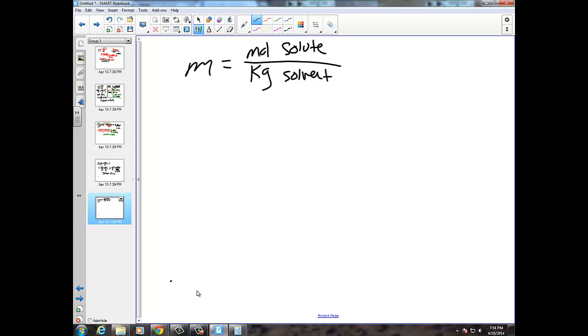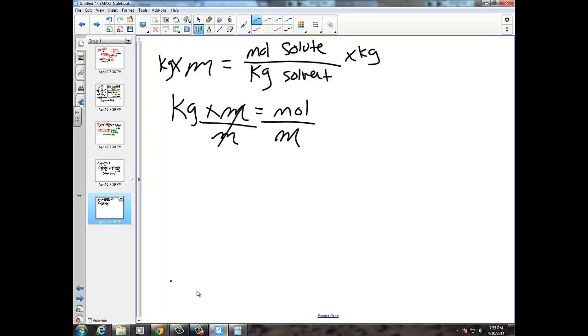So we've got to rearrange our molality equation for kilograms. I multiply both sides by kilograms. Rewrite. So now I have kilograms times molality equals moles, but that's not what I want. I want kilograms, so I'm going to divide both sides by molality. What you do to one side, you have to do to the other.